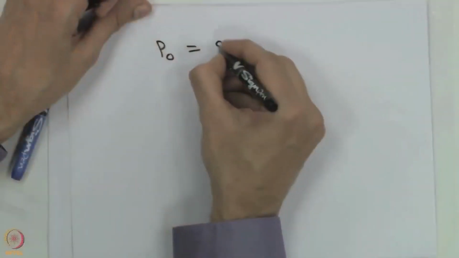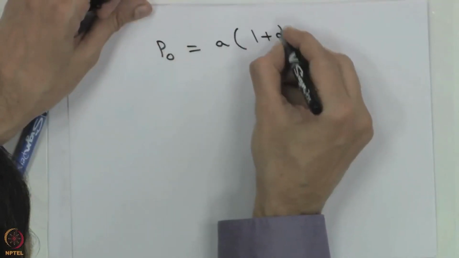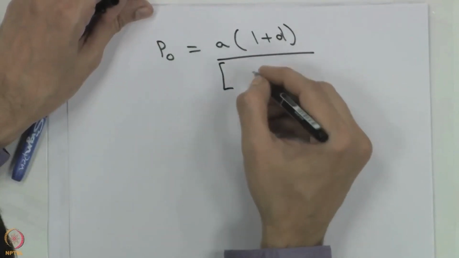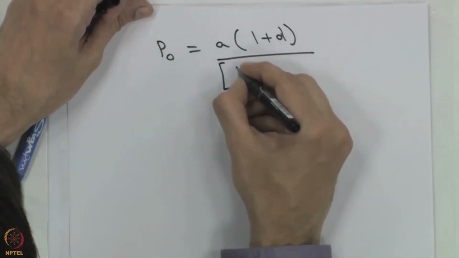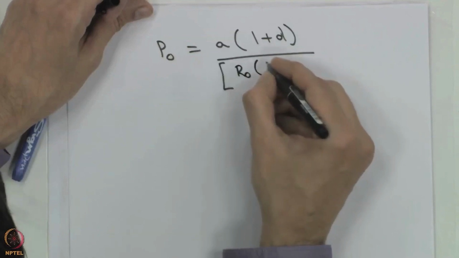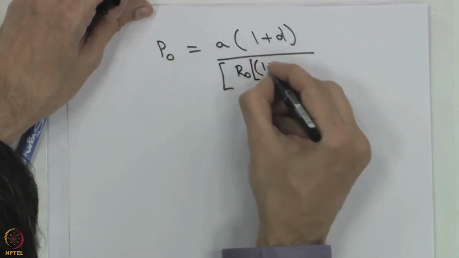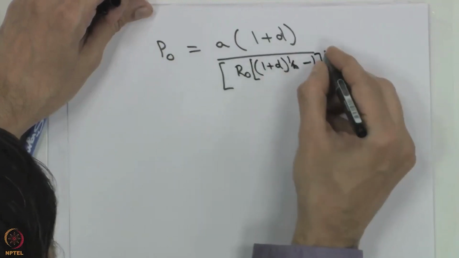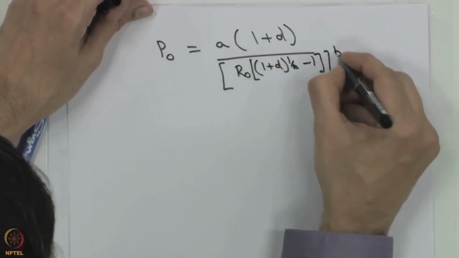So, when we simplify this, we will get an expression which is going to be nothing but P0 A into 1 plus D raised to B.